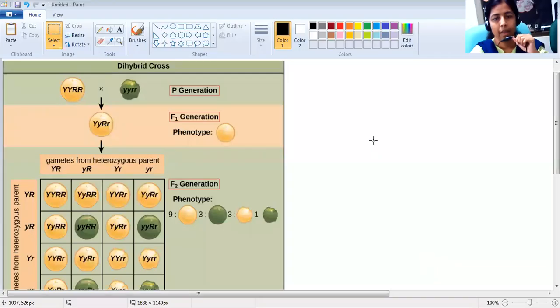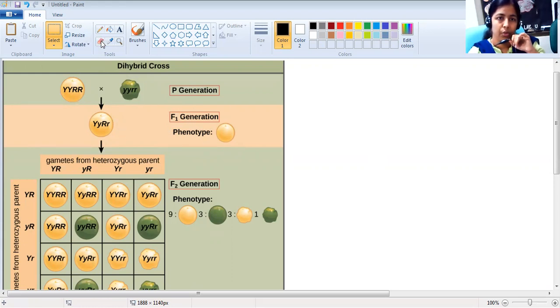For example, consider pea color and shape. Imagine we cross two pure plants, one with yellow round seeds and one with green wrinkled seeds. When crossed, the F1 generation has a yellow round phenotypic appearance.